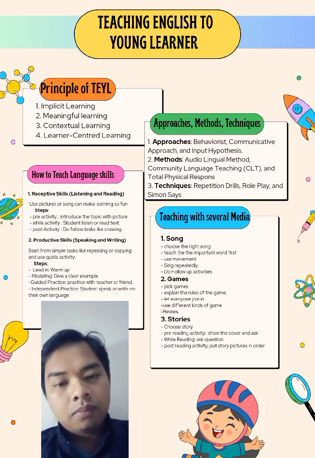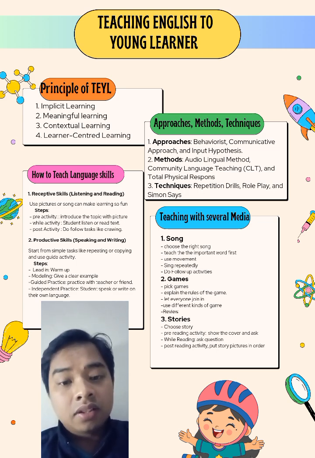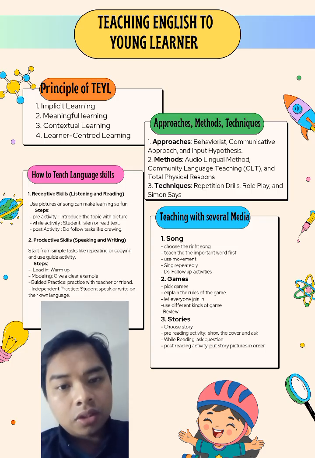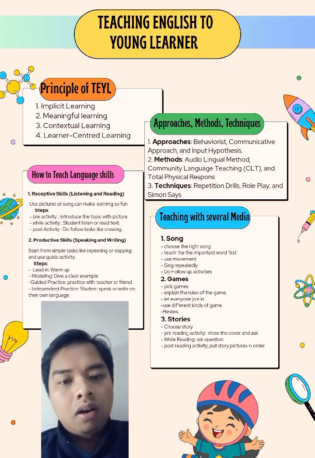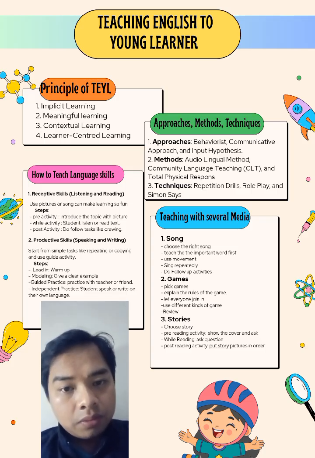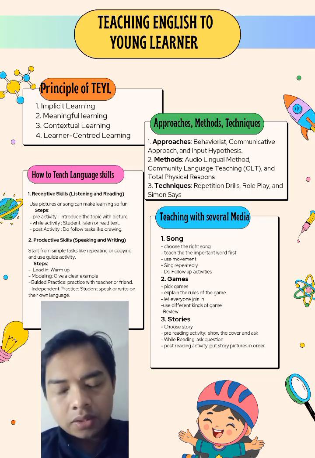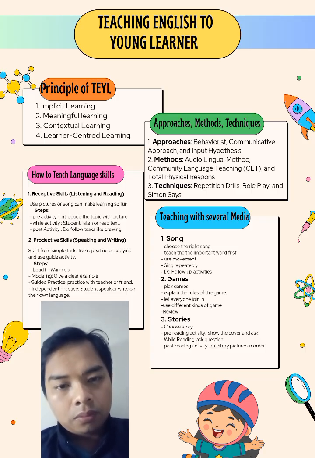For the step, first one is lead in or warm up. Begin with a simple game or question to remind them of what they've learned before. Now modeling. Give a clear example and show them how to say or write something first so they can follow.